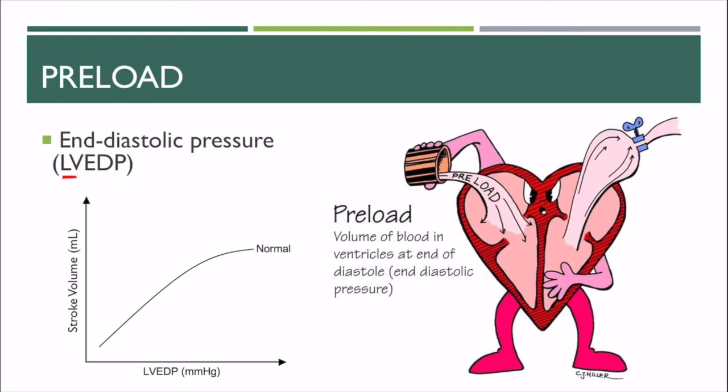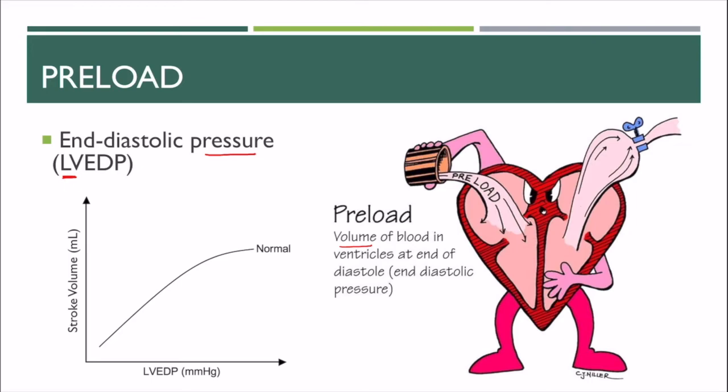And I realize every year it bugs a few of you. It might not have crossed your brain, but some of you are probably a little bothered by the fact that I defined preload as a volume, but then we measure it as a pressure. And that is annoying, and it's just how it is. Preload is technically a volume, but the way we measure it is as a pressure, because as the volume goes up, so does the pressure. So I apologize if that bugs you. It always bugged me, but it's just the way we do it in physiology.